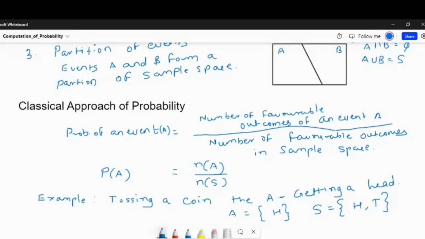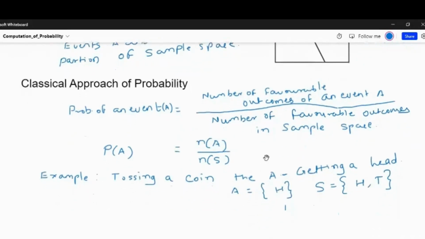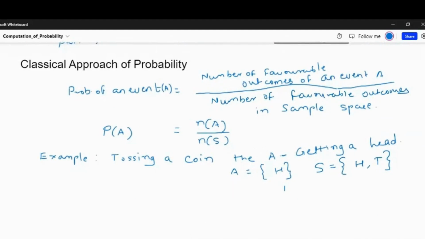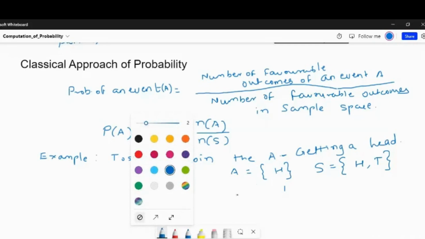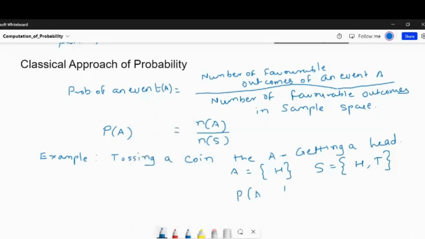So n of A is equal to 1 and n of S is equal to 2.